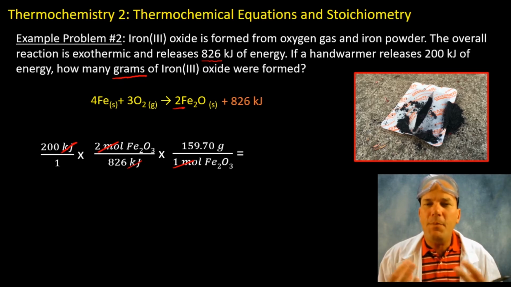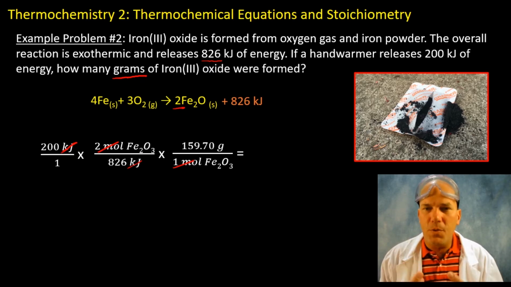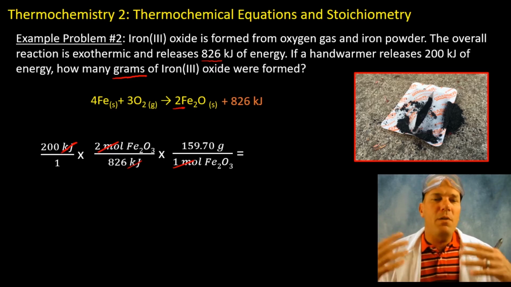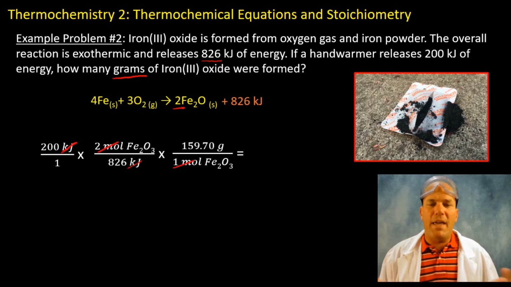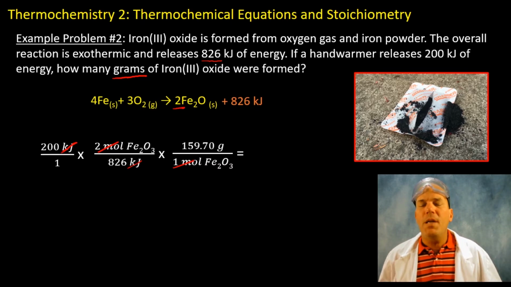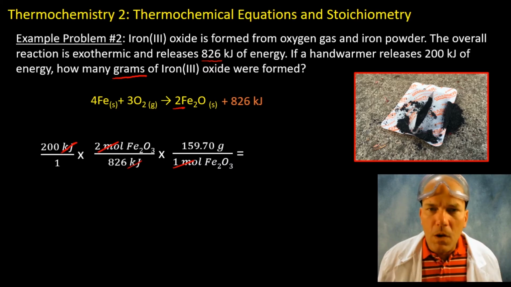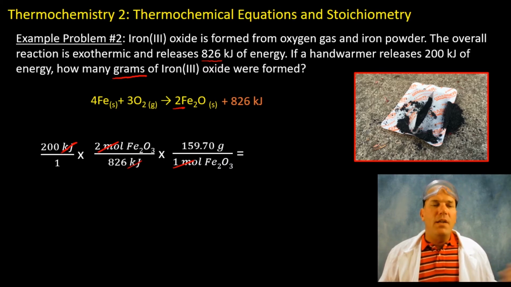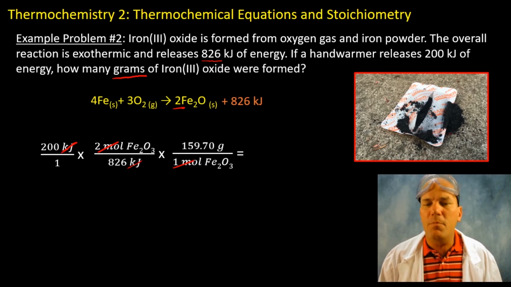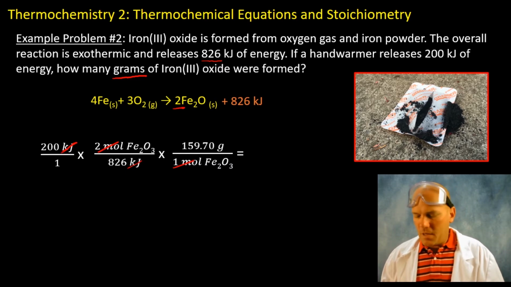So at this point, as I've asked you to do throughout the course, you start making predictions about what might be a reasonable answer. We're asked how many grams were formed, and we know for the overall chemical process that we are yielding 826 kilojoules per mole.